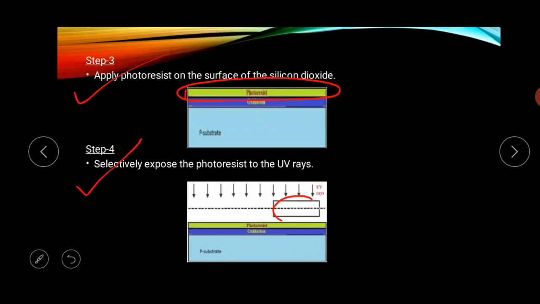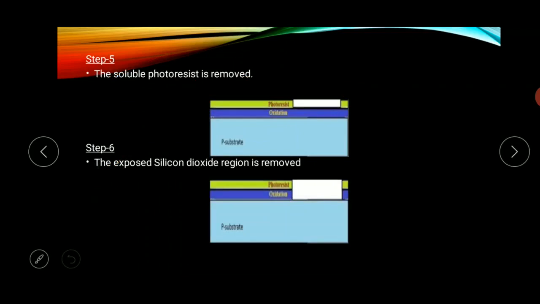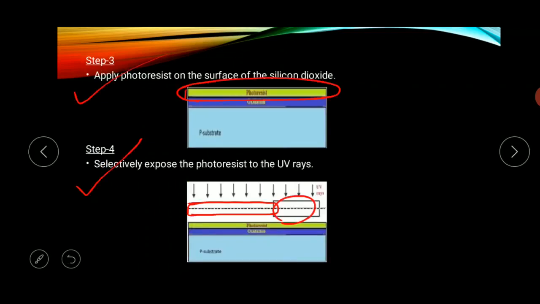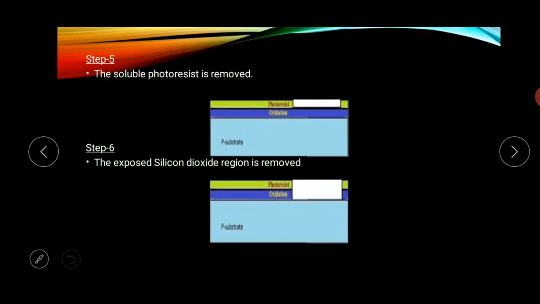This rectangular portion is the region where the UV rays are allowed to reach the photoresist layer. In other regions, the UV rays are not able to reach the photoresist layer. After the application of UV rays, the photoresist in this region becomes soluble. After that, in step 5, the soluble photoresist is removed using some chemicals.